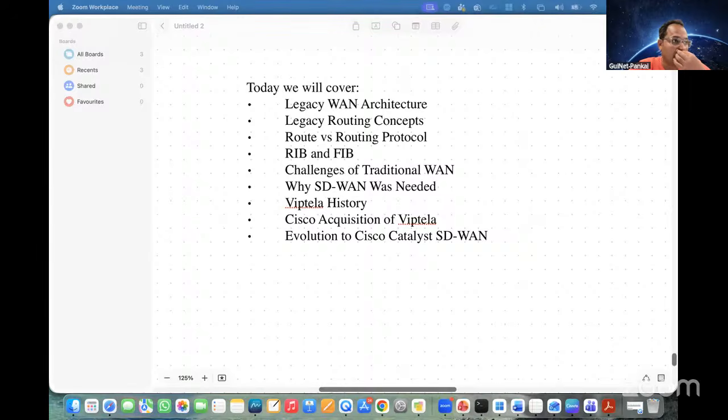All right, guys. So today we are going to start this meeting, and we have a clear agenda. What we're going to discuss, we'll try to understand legacy WAN architecture. I will explain step by step what the legacy WAN architecture is and what the legacy routing concepts are. And also, I'll discuss the routing protocols as well, and what routes are. Just a brief overview, not in great detail, because I want to bridge the gap from where we are coming to what we are going to learn.